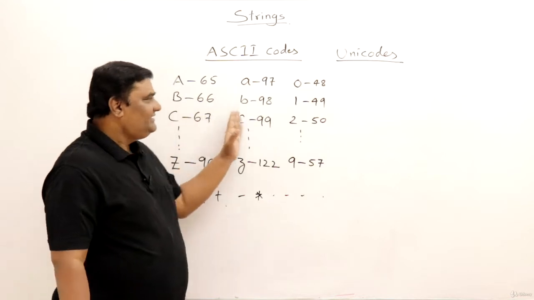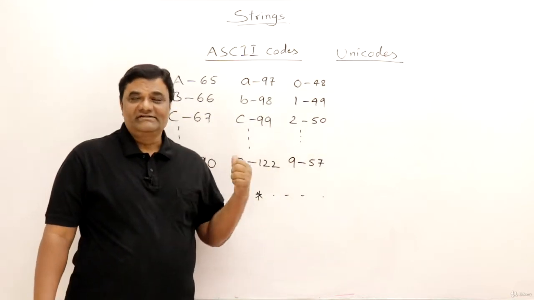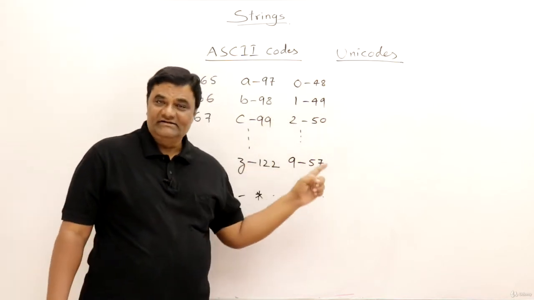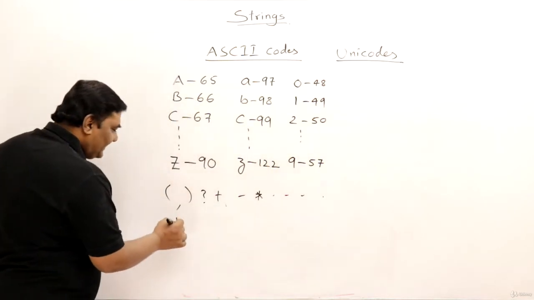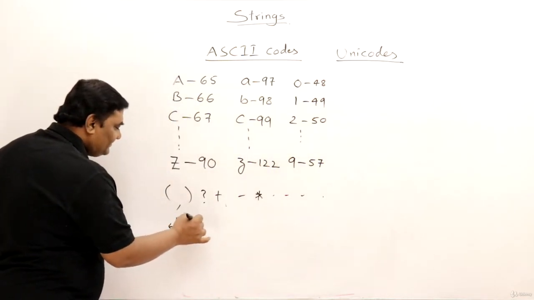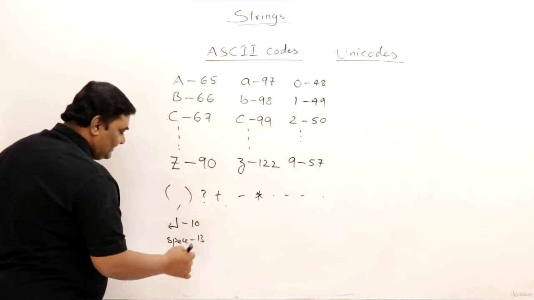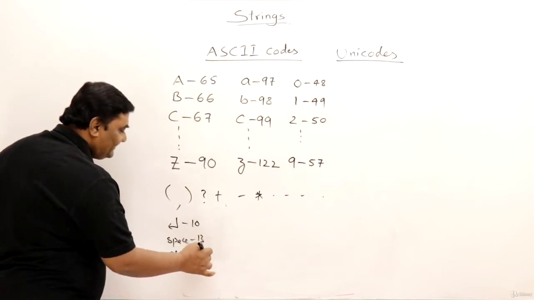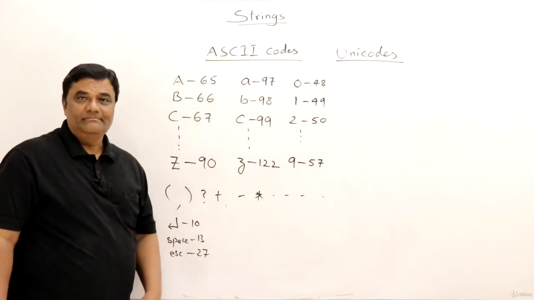Generally we work with these symbols, so I have written the ASCII codes, and you should remember these ASCII codes for uppercase English alphabets, lowercase, as well as these numeric symbols. And also for enter the ASCII code is 10. For space bar the ASCII code is 13. And for escape the ASCII code is 27. So these may also be helpful if you can remember them.